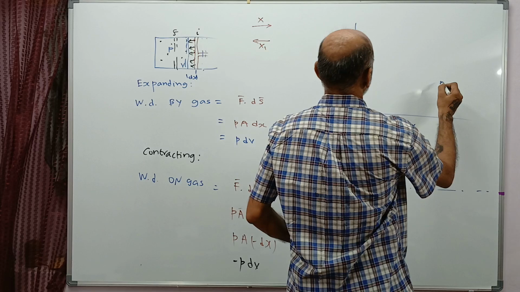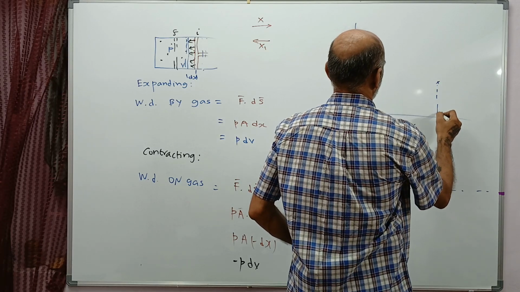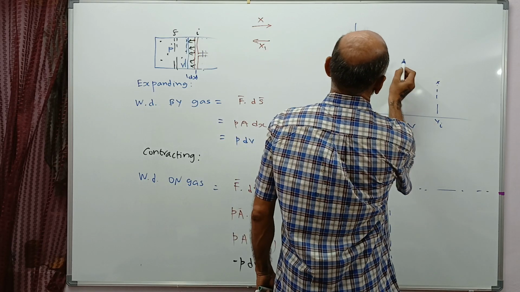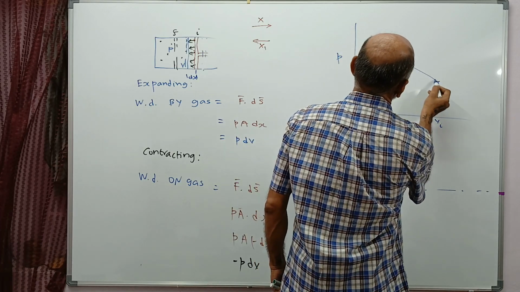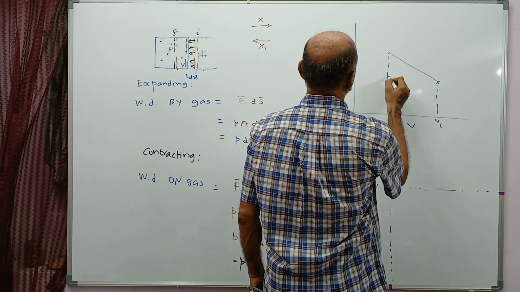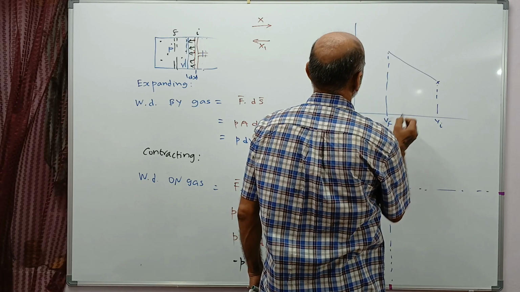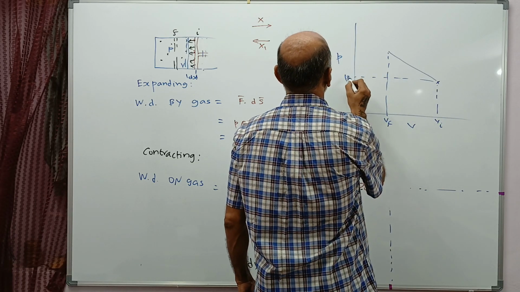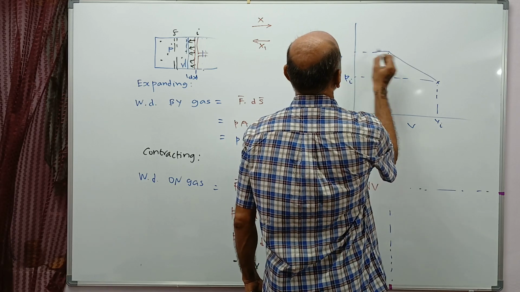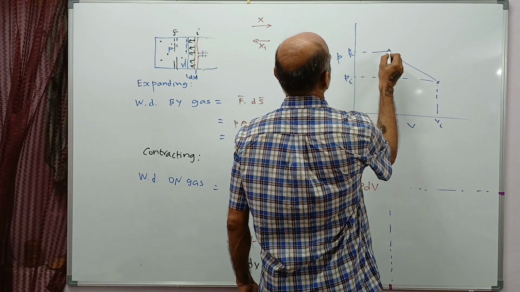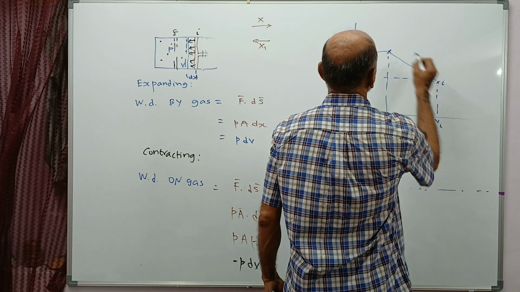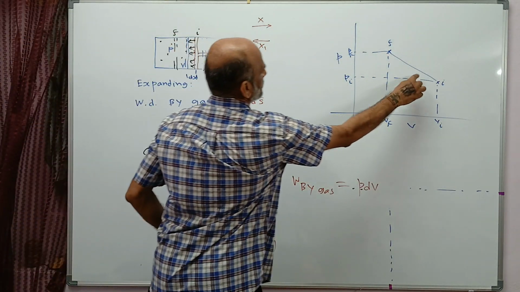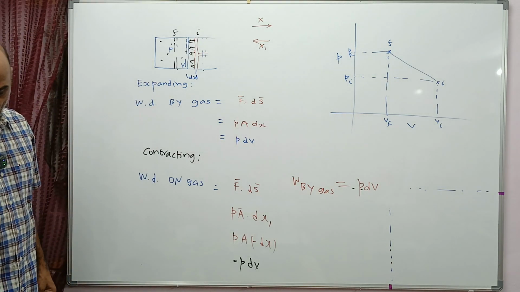So initial volume will be somewhere here. And the pressure is increasing, so it will go like this. So this is the final volume, and this is the initial pressure, and this is the final pressure. This is the final point, this is the initial point. So the in-between states will be somewhere here on this curve.